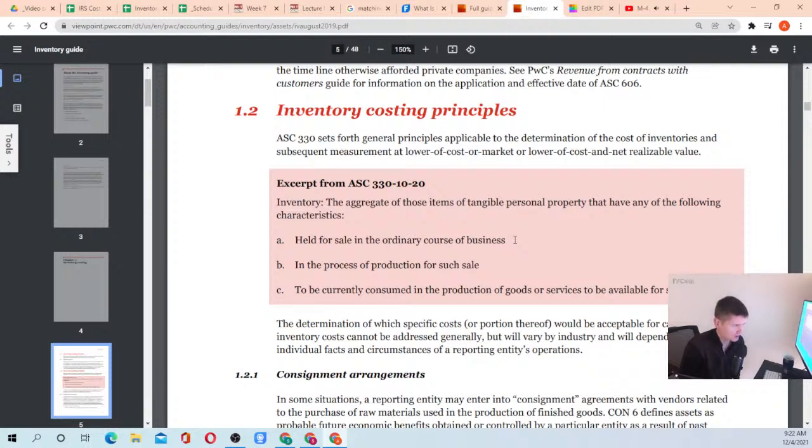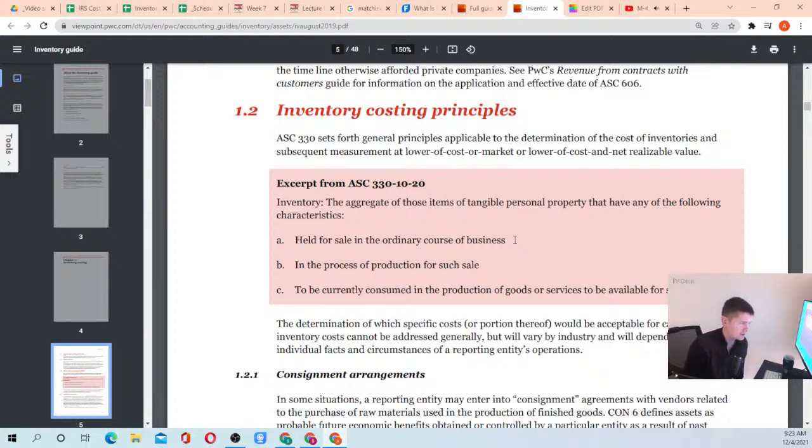In some situations, real estate will be your property, plant and equipment, if you use it in your business or production and you keep it for the long term. But if you sell houses or flip houses, your property can actually be inventory for you, and you will apply different standards.